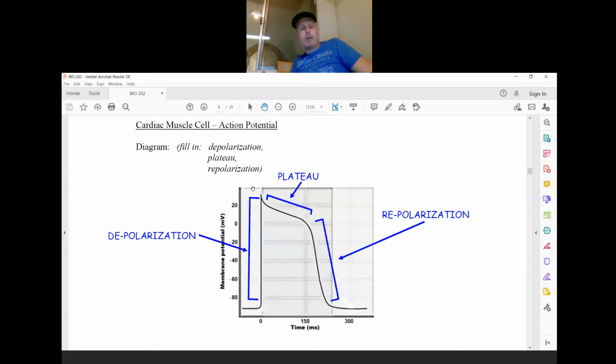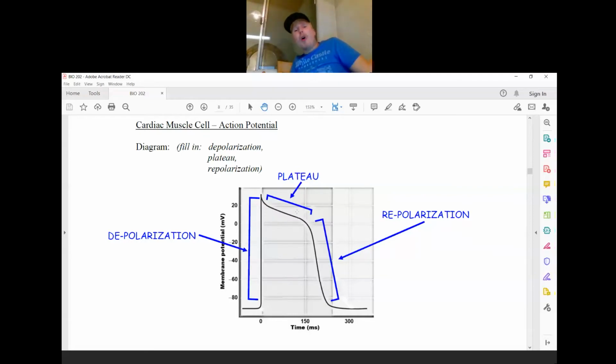We saw this also on the nerve cell. This is just sharper in the cardiac muscle cell. What we'll notice is that before there is a repolarization, which we also saw in the traditional action potential of the nerve cell, before the repolarization, so returning back to the initial resting potential, can take place, we have something called a plateau.